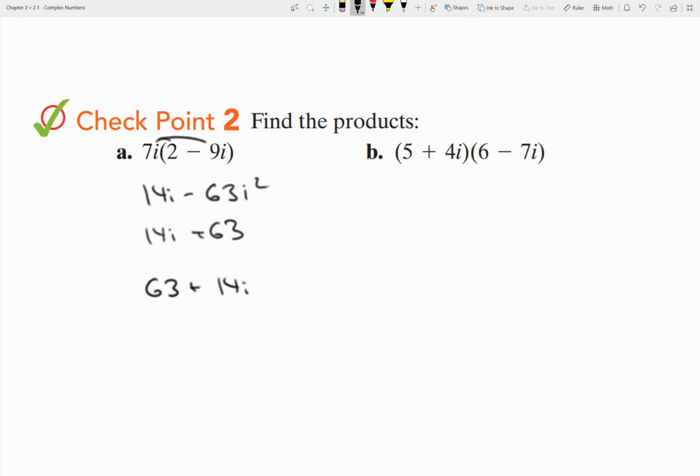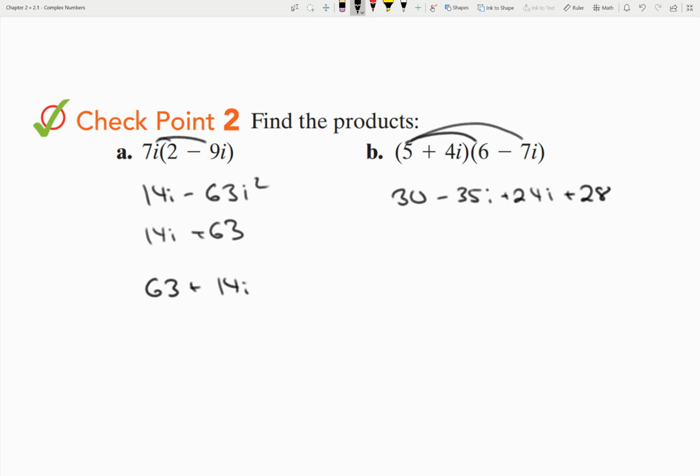Now let's do the i squared in one step. So we get 30 outside. That is a minus 35i. That is a plus 24i. And then 4 times negative 7, so that's negative 28i squared, which turns into a positive 28 because the i squared turns into a negative 1 and changes the sign.